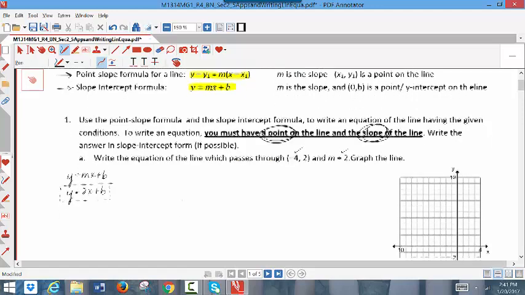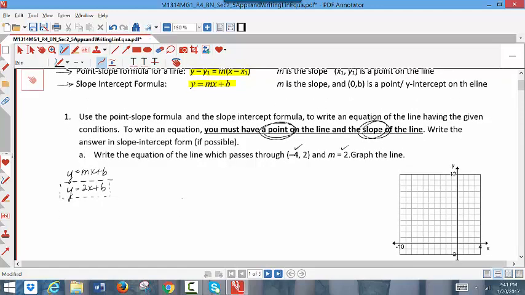So in order to find that b value, I now turn to the given point, negative 4, 2. So the given point, x is negative 4 and y is 2. So I replace the y with the 2 and the x with the negative 4, and when I do, the only variable remaining here is b.